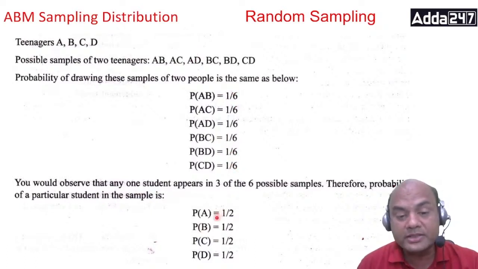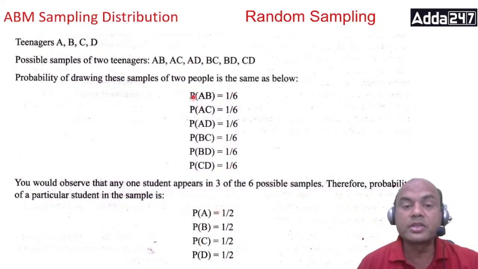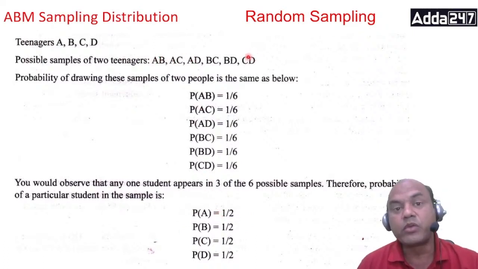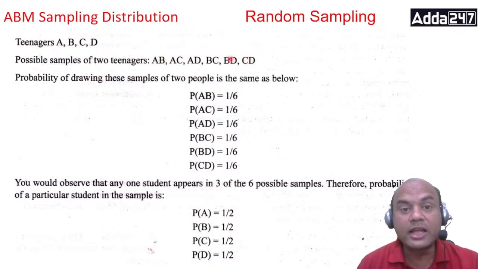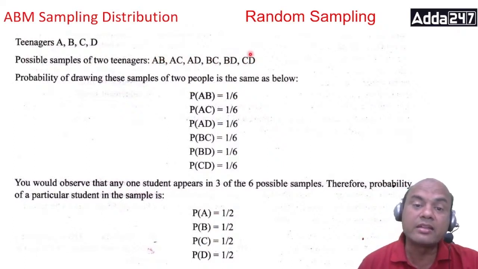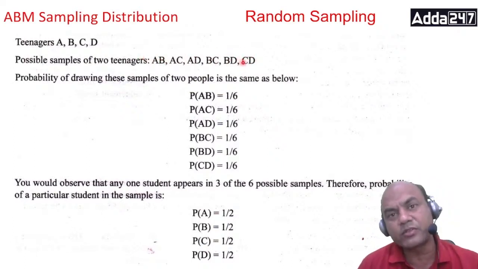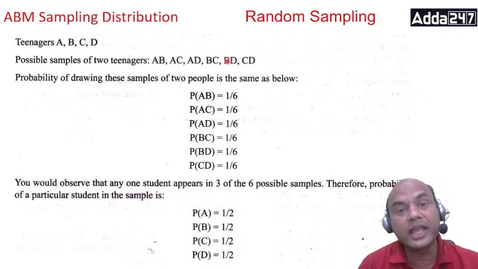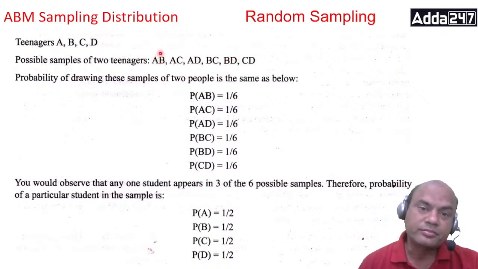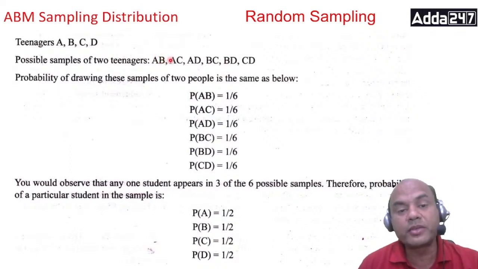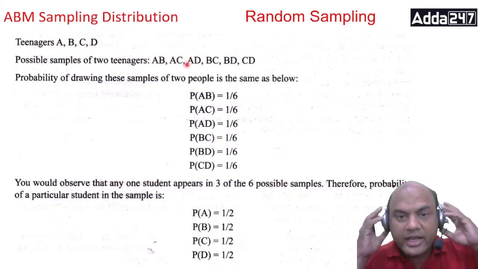Now look at this. This is separate. Suppose I make them stand in groups of 2, and what is the probability that I'll select A in any group which I select? Single person. Now look at this. A can be selected in how many ways? AB, AC, AD. In all these A is there.